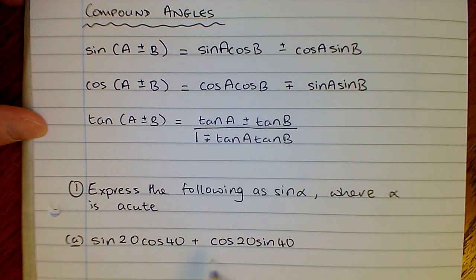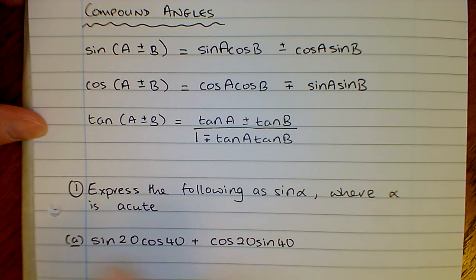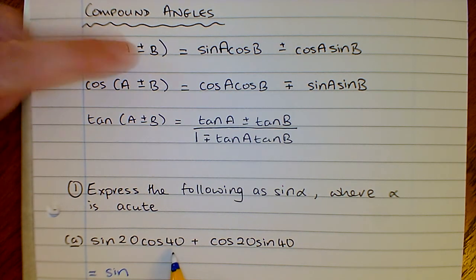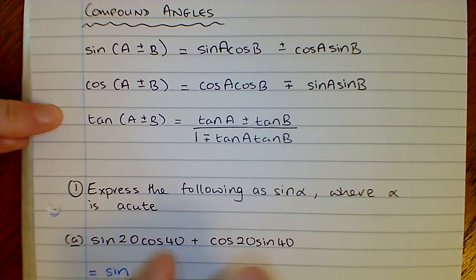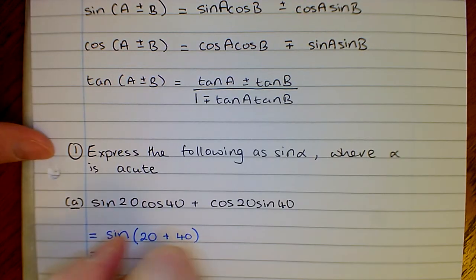So this one goes sine, cos, cosine, so it's going to be our sine compound angle. And this is our A, 20, and our B is 40, so we can write that as 20 plus 40, which obviously we can write then as sine 60.